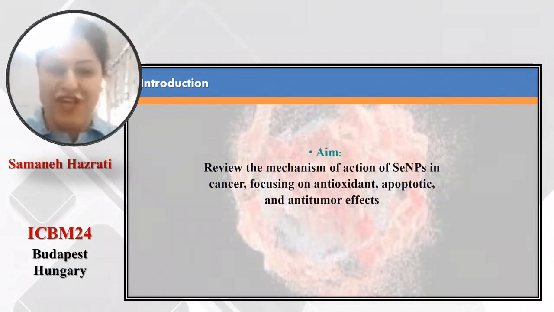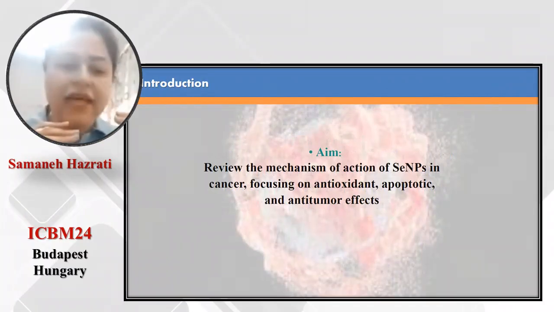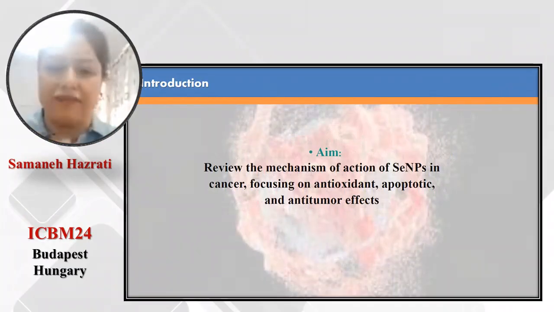The aim of this presentation is to review how these nanoparticles work, focusing on their antioxidant properties, ability to induce apoptosis, and impact on tumor growth. All of this helps us better understand their potential in cancer treatment.